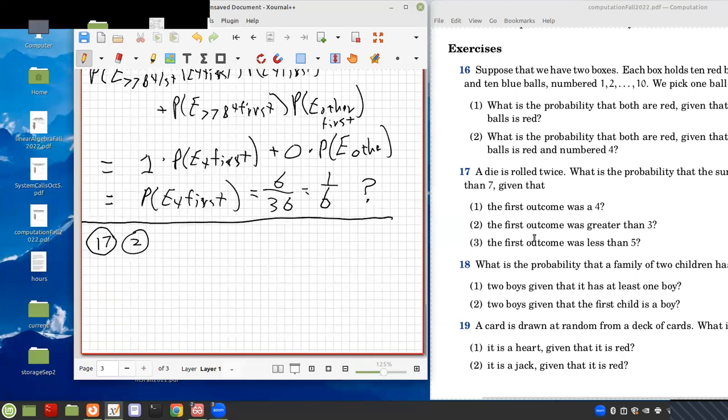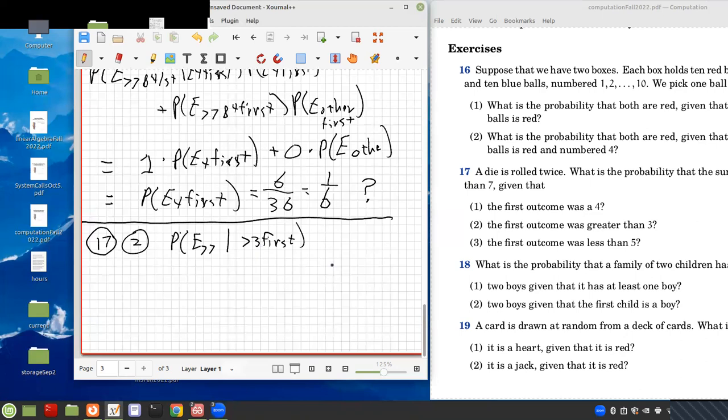Okay, so number 2 was, we want to know the probability of the event of greater than 7, given that we have the first outcome greater than 3.